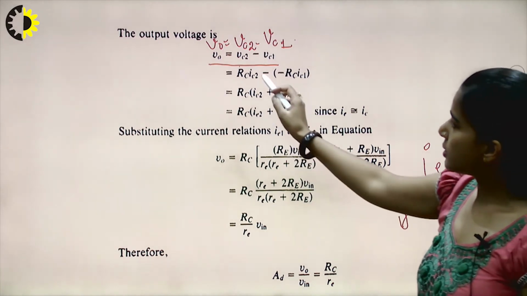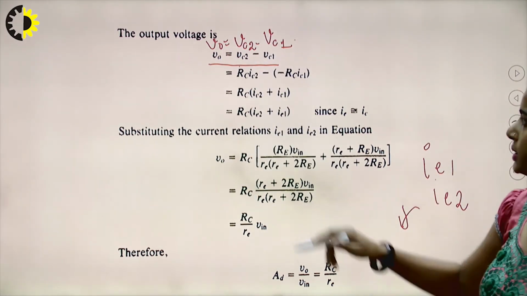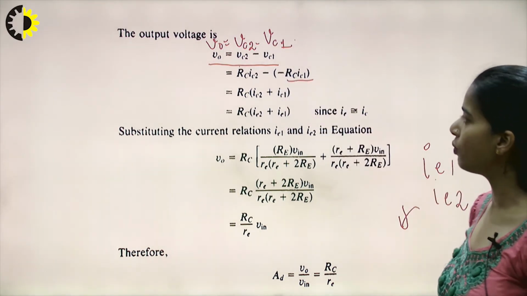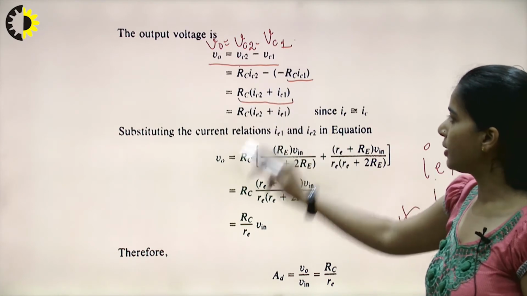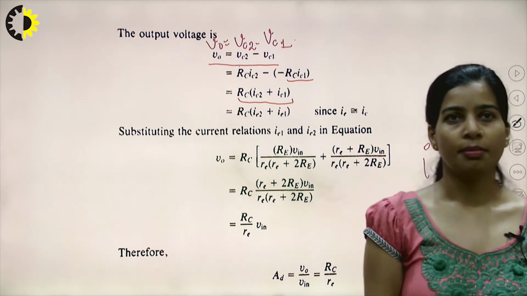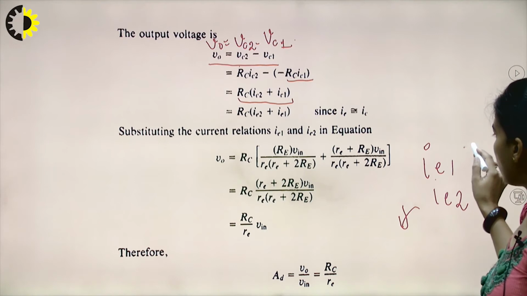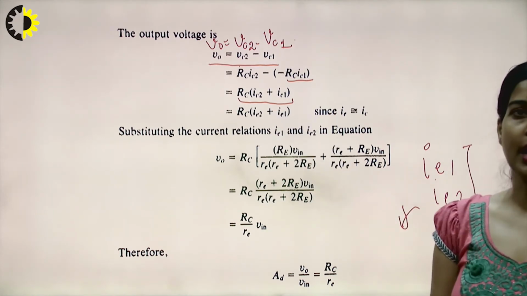So it is replaced by RC into IC2 minus of RC into IC1. So this minus becomes plus, and we get RC multiplied by IC2 plus IC1. So we have the value of IE1 and IE2, we do not have IC1 and IC2.